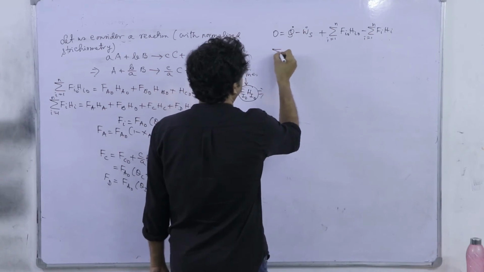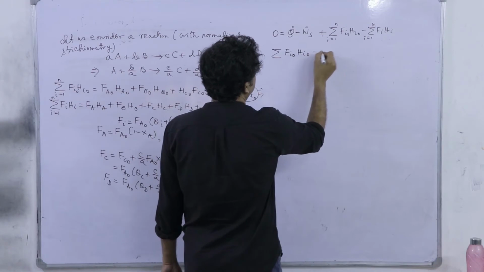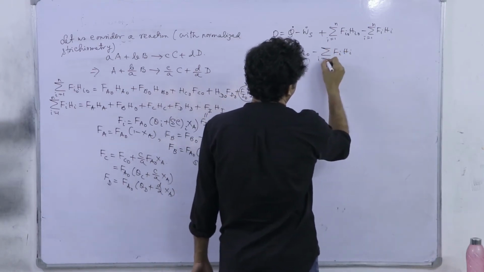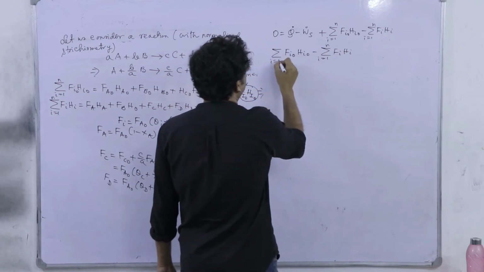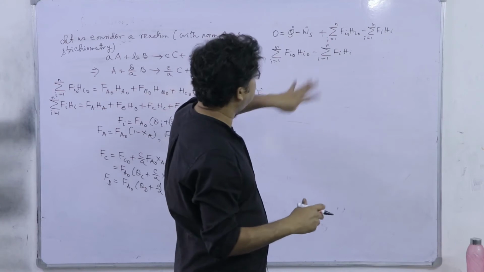Let us not include Q dot minus W dot S; let us first simplify the summation term and then substitute it back.